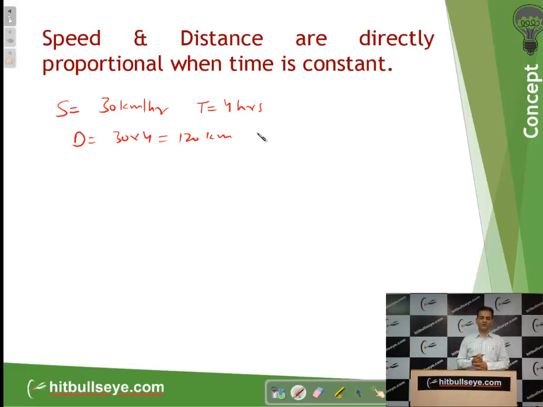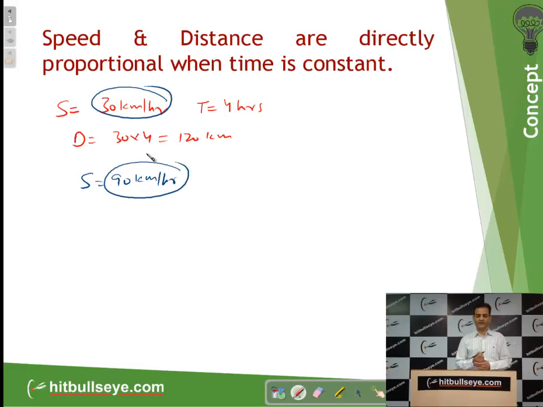Okay. Now, if I increase my speed from 30 to 90, now my speed is 90 kilometer per hour. Initially it was 30. Now I've increased speed from 30 to 90, and time is the same. Third thing should be constant. Time is 4 hours.